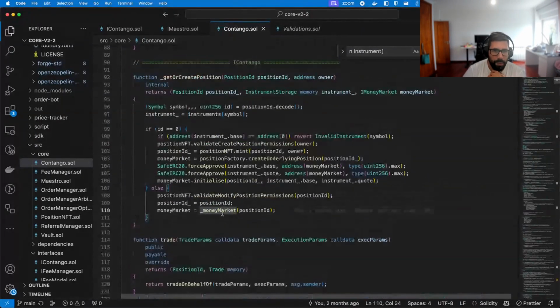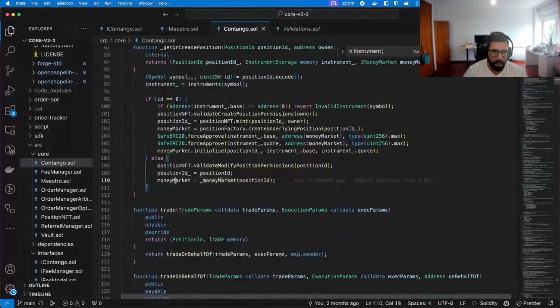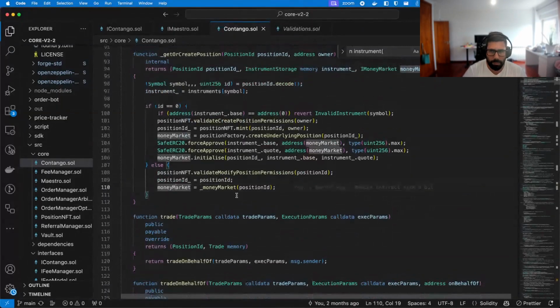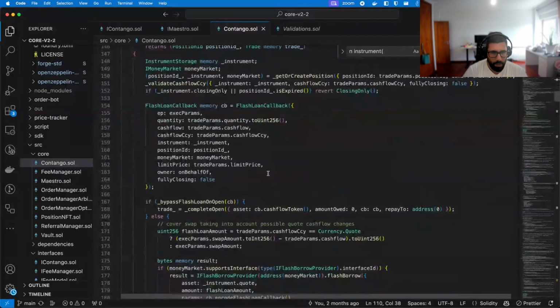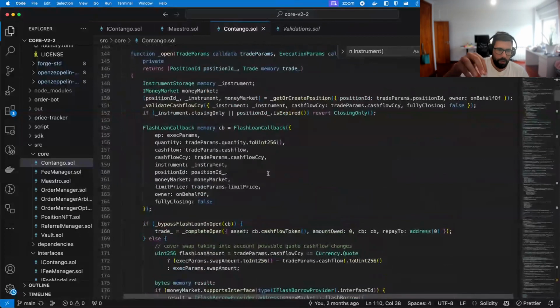Another thing that we have to do is figure out which money market we are going to be using. I'll get to the money markets later. I don't want to go into the particulars of each branch of the code because it's extremely complex.